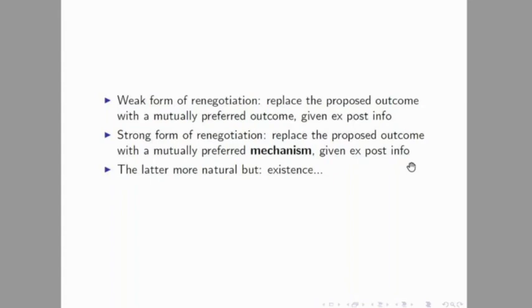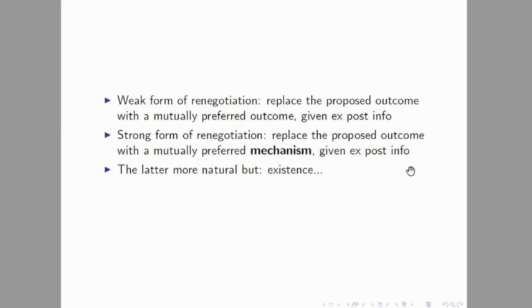But there is actually a stronger version of renegotiation, and that was applied by Neeman and Pavlov, where the outcome of the mechanism can be replaced by a further renegotiation procedure, an additional mechanism, given the ex post information.